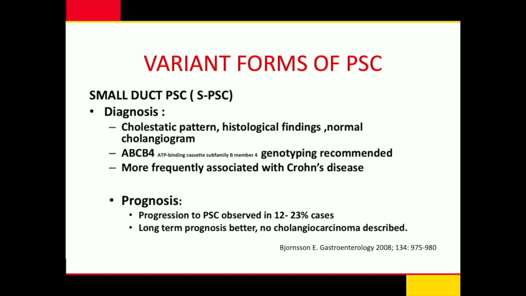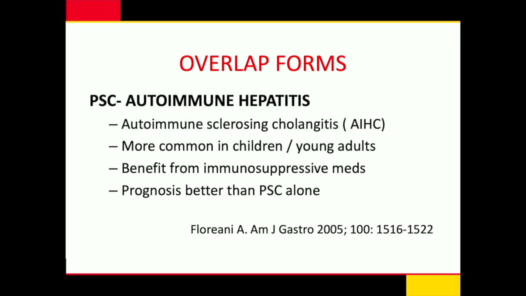And the EASL guidelines actually recommend genotyping for ABCB4, which is also associated with progressive familial intrahepatic cholestasis. Small duct PSC is more frequently associated with Crohn's disease and actually seems to be a precursor to classic PSC in about 12 to 23% of cases. It has a better long-term prognosis, and to date, no cases of cholangiocarcinoma have been identified.